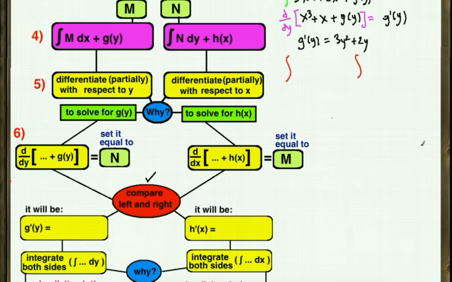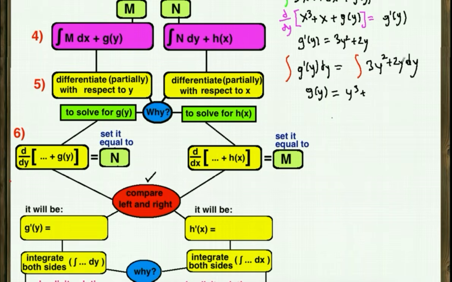Integral g prime of y dy equals 3y squared plus 2y dy. G prime and integral cancel each other, so we have g of y here. And 3y squared, y squared becomes y cubed over 3. 3's cancel out, so y cubed is left.